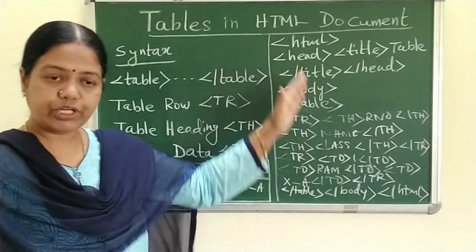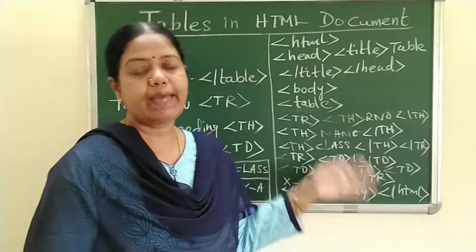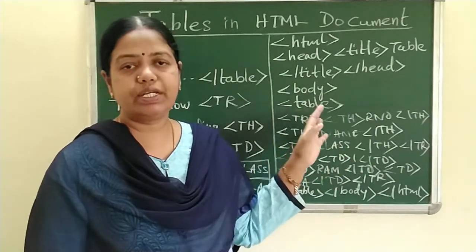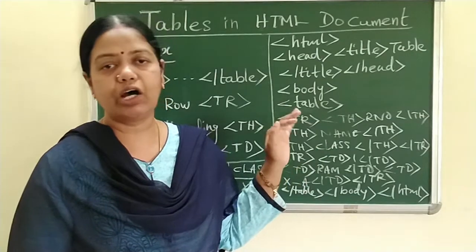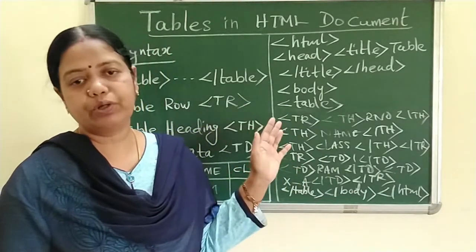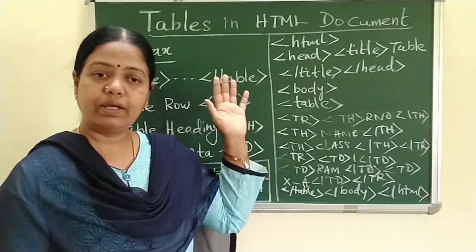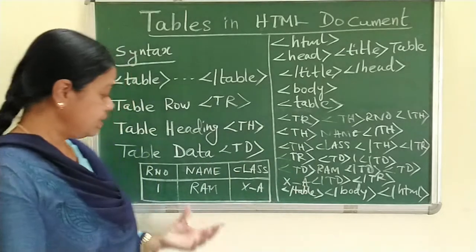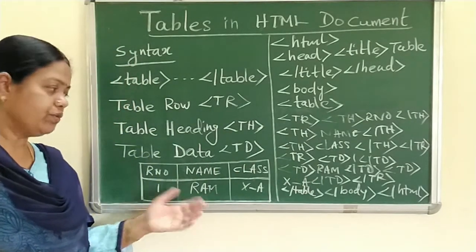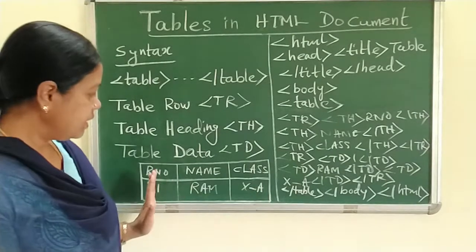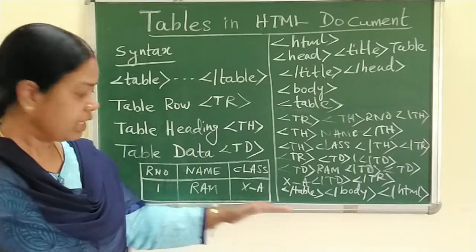Okay, the program got over. Now as usual, you have to save your file with the extension name .html or .htm. Now you can open your program in your computer's default browser. Now you can see this table in your web page. Okay, now the table we have displayed.